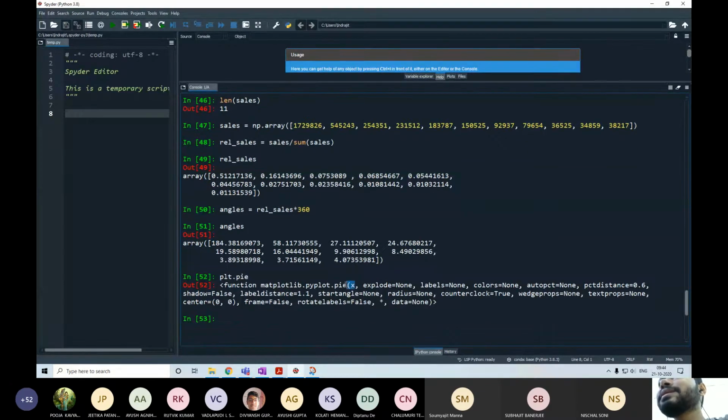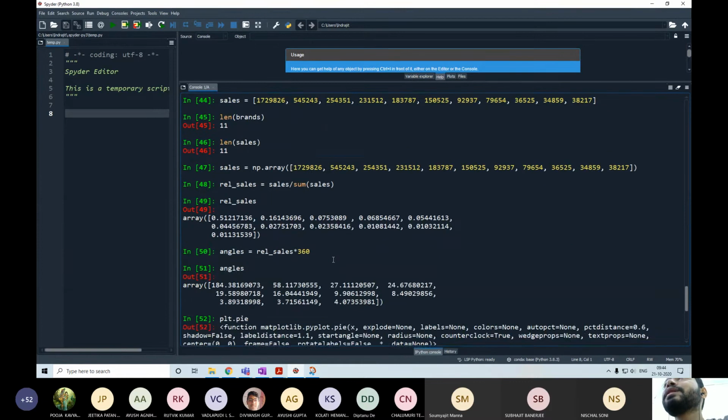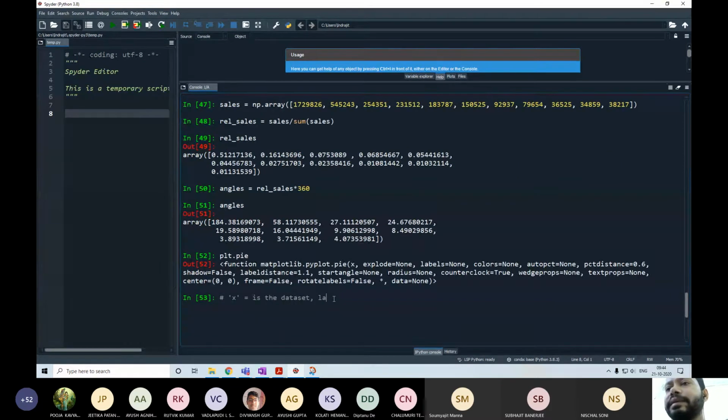So this X is basically the data set. We pass X as the data. And labels. These labels are the brand names that we have here. So in our case, labels are the brands. And there is also an optional command, which is autopct and so on.